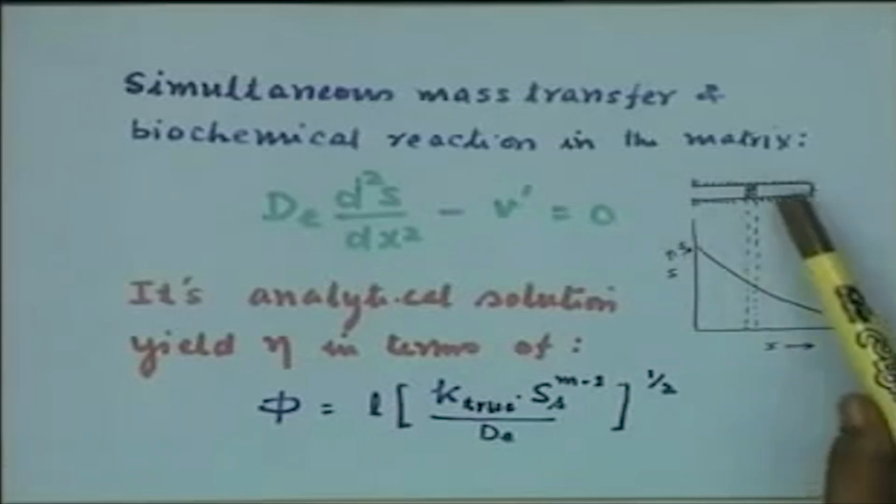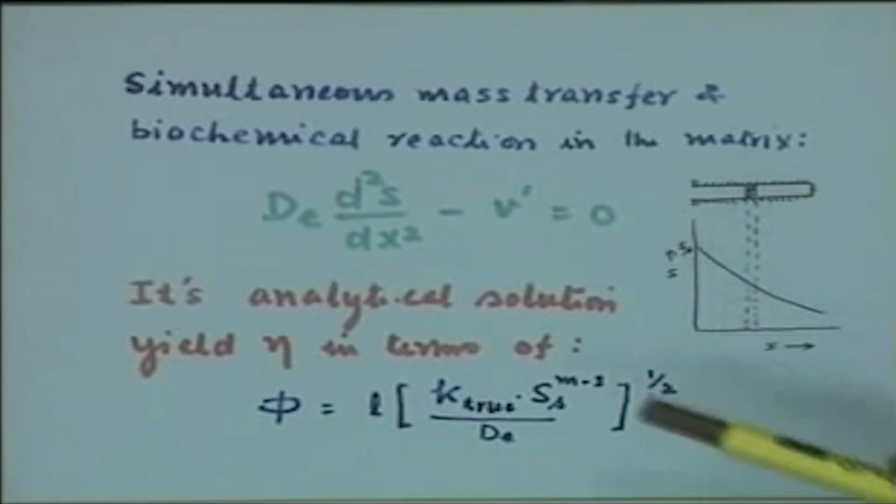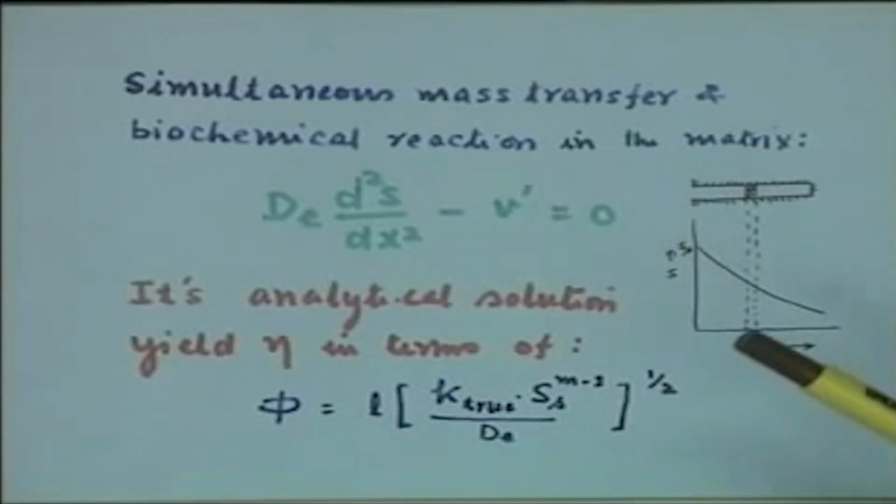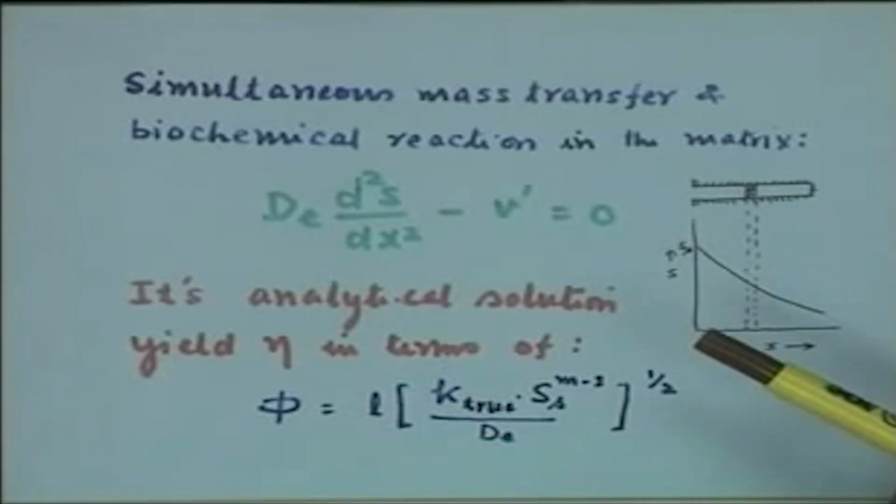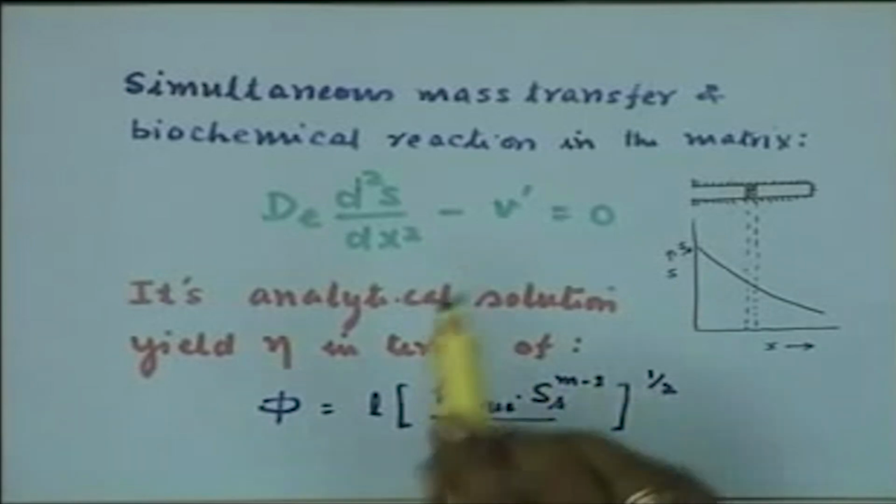And I must mention that, as I said just now, in practice it may not actually be like a cylindrical pore, but just to simplify with a geometric similarity and to analyze it, we are assuming a cylindrical pore, and then instead of molecular diffusivity, we consider an effective diffusivity, which takes care of the random nature of the pores.